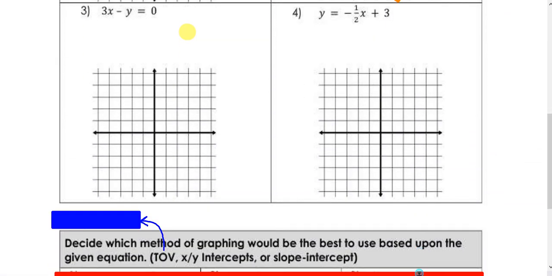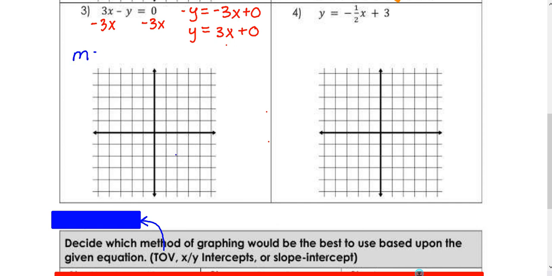Alrighty guys, let's go ahead and do number 3. Okay, so this is again not in slope-intercept form, so I need to rearrange it. So I subtract 3x from both sides. I have a negative y equals negative 3x plus 0. Y is still not alone, so I need to change the signs because I'm dividing by that negative.